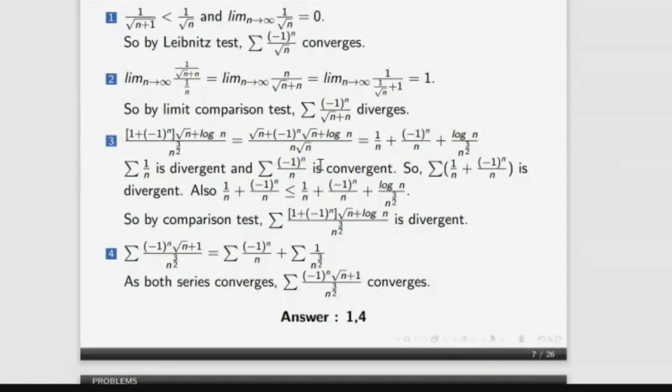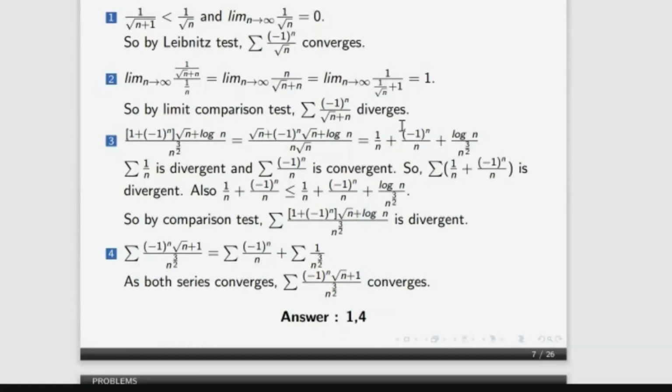N power 3 by 2 is n root n, right? So when we break down the term separately, we get 1 by n plus minus 1 power n by n plus log n by n power 3 by 2. Now we are taking each of these series, right? So series 1 by n is already divergent. We have discussed about it.